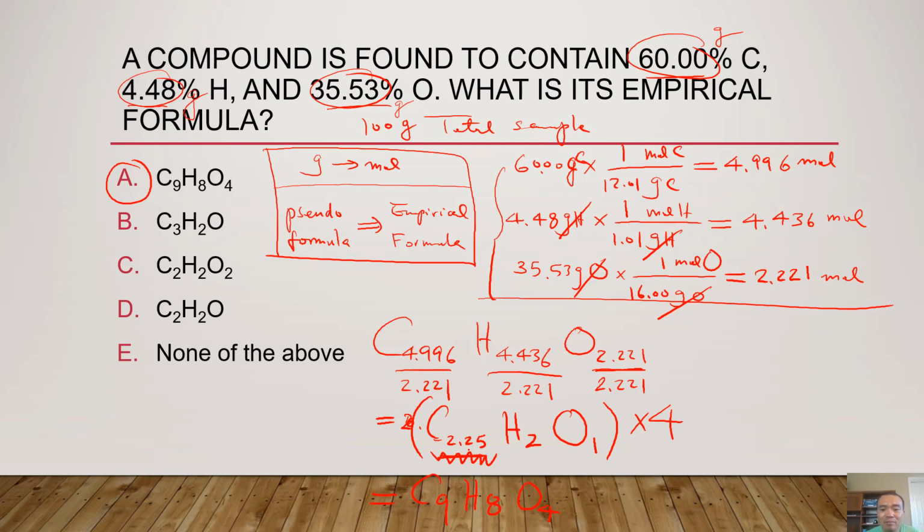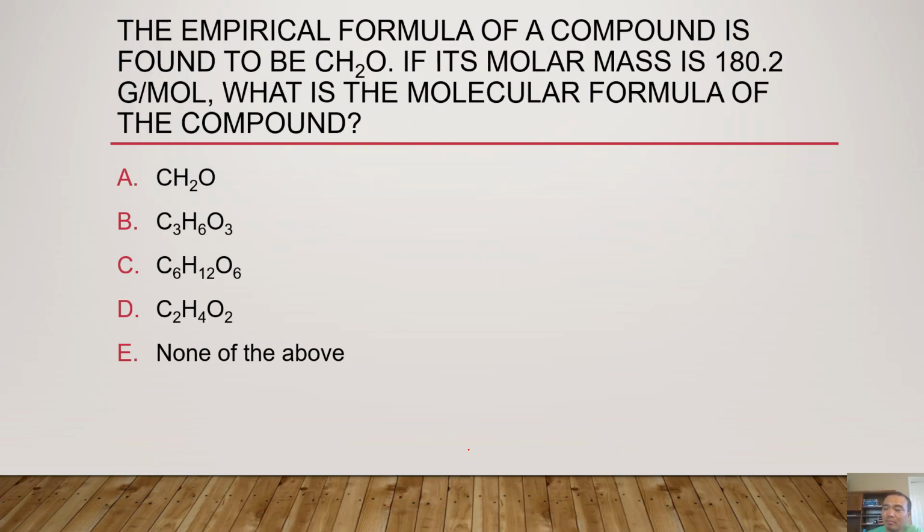All right, let's do a last example. In this particular example, we are talking about the relationship between the empirical formula and the molecular formula or chemical formula. So let's review something we talked about in the very beginning of this topic.